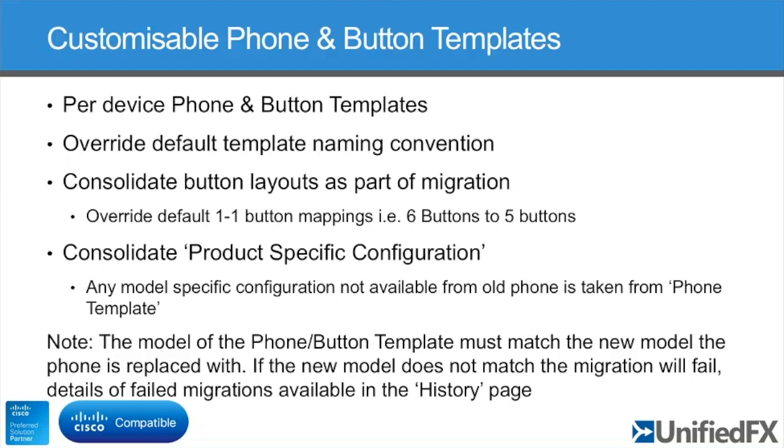Whenever you migrate, you have to have a phone template that basically plugs the gap of any settings on the new phone that don't exist on the old. If you're going from a skinny phone to a SIP phone protocol type, for example, there are some SIP-specific parameters that won't be on the old skinny phone, and that's where the phone template comes in. And obviously, we don't really have anything to work with, so we just take default values when we do that normally. But it means that out of the box, it's really quick and simple to migrate.